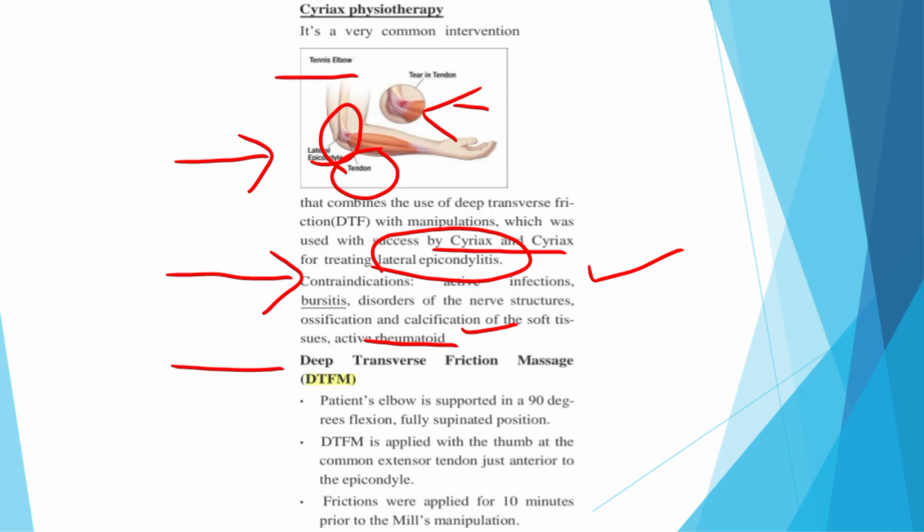Deep transverse friction massage: the patient's elbow is in 90-degree flexion, fully supinated position, forearm in supination. Deep transverse friction massage is applied with the thumb at the common extensor tendons just anterior to the epicondyle. Friction is applied for 10 minutes prior to the Mills manipulation.